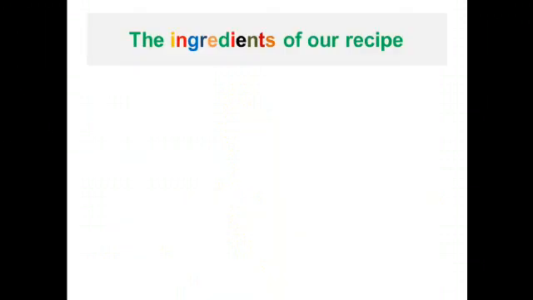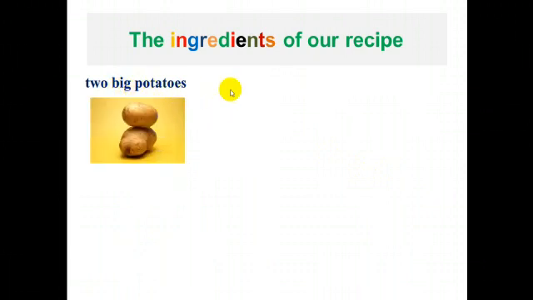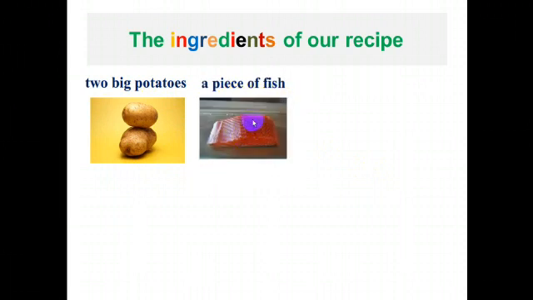Let's revise the ingredients of our recipe. Again, let's read them. 2 big potatoes. A piece of fish. Okay, a piece of fish.